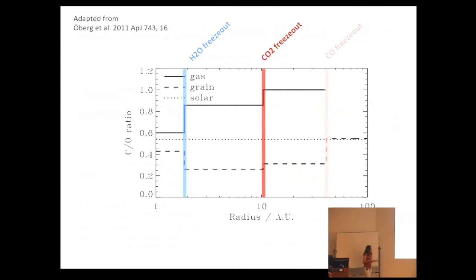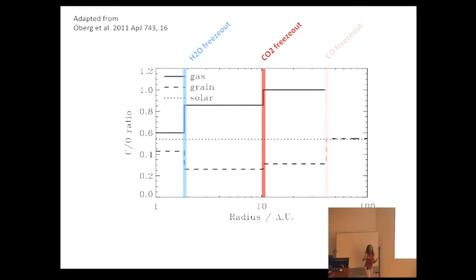And this is really interesting from the standpoint of planet formation. I think this same slide was shown by Jonathan or somebody a couple days ago, but I'll show it again because it's important. The idea here is, this is showing the carbon to oxygen ratio in gas with the solid black line, and in grains with the dashed line.